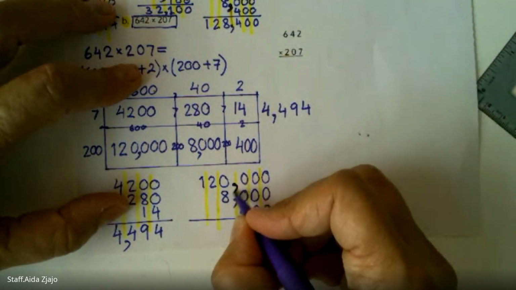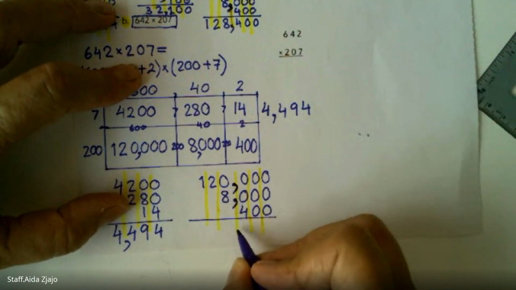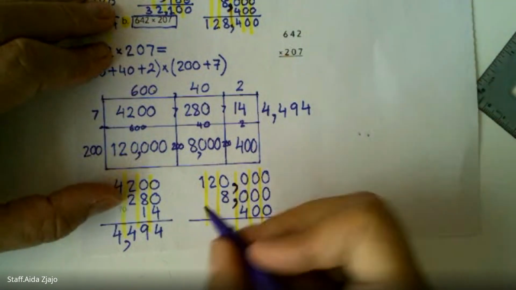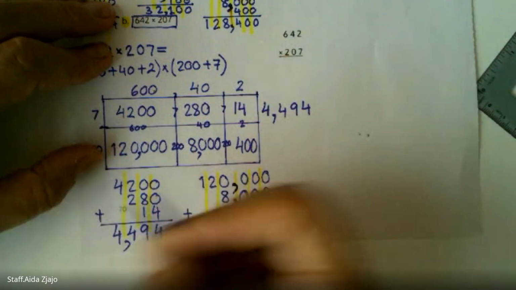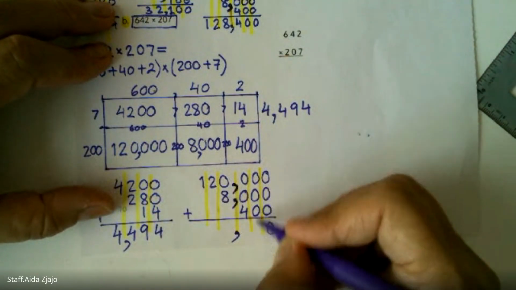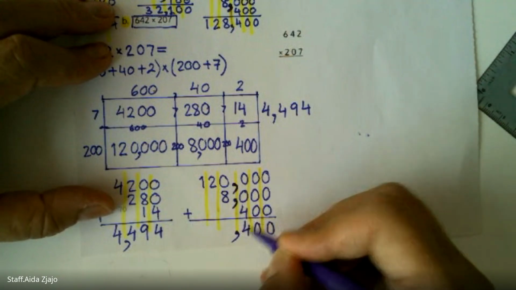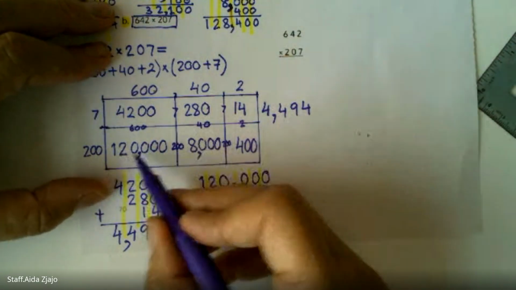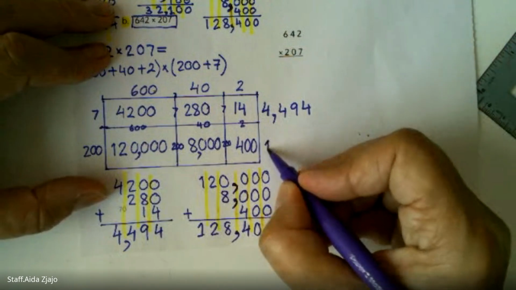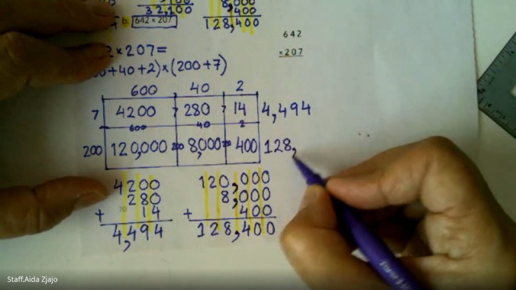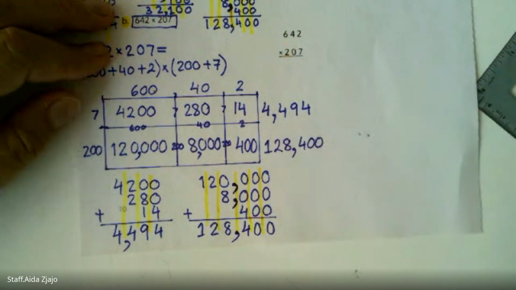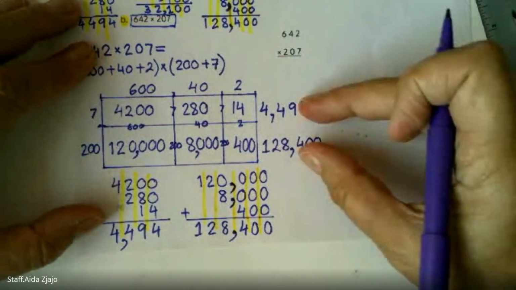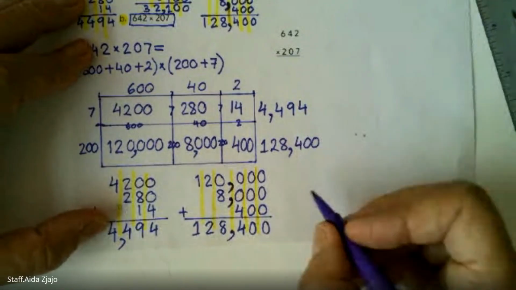So the comma has to come on the same line, same as when you're adding with decimals. So this is 0 and 0 and 4 and 8 and 2 and 1. So these three areas are 128,400.